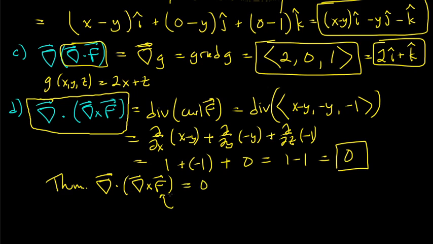Oh, not any vector field. There's a condition on this. It has to be a nice vector field. What do I mean by nice? Well, it has to be continuous, differentiable, and twice differentiable. So I think the second partial derivatives have to be continuous. So second partials have to be continuous.